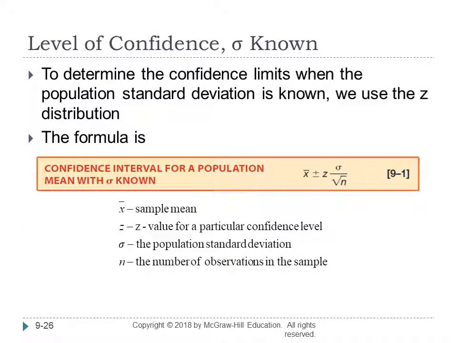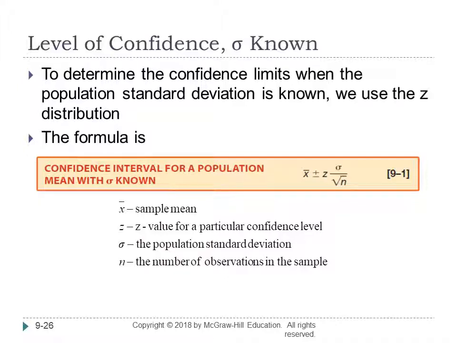Here is now a formula for how to determine a confidence interval. The endpoints of the interval are called confidence limits. We will start by determining a confidence interval in the case where sigma is known, meaning if the standard deviation for the population is known.